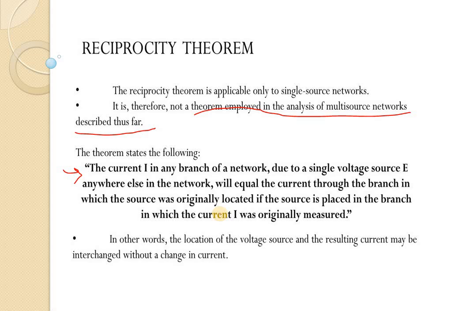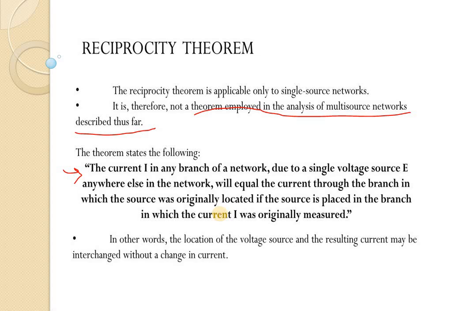Now, if we place the voltage source in that branch and calculate the current through the branch where the source was previously, we will get the same amount of current, 5 ampere.